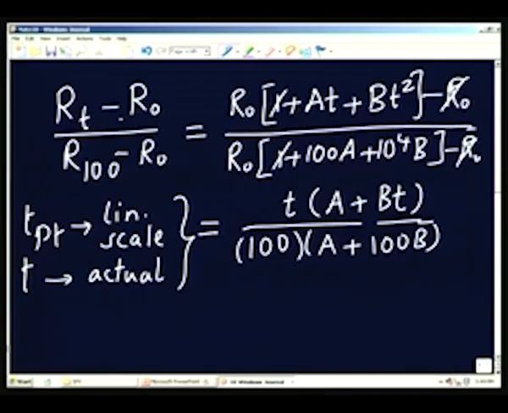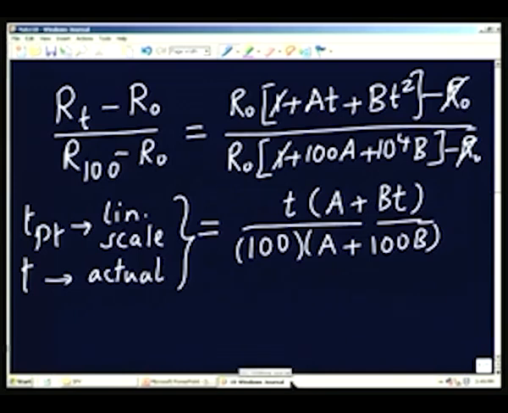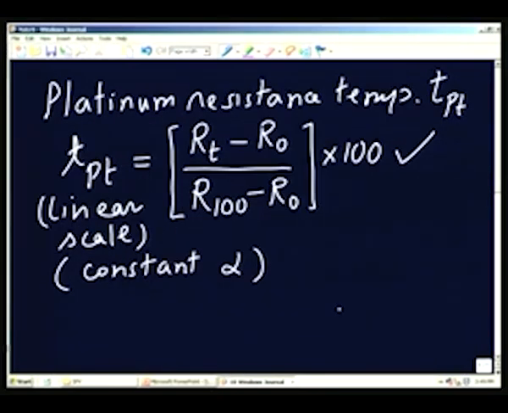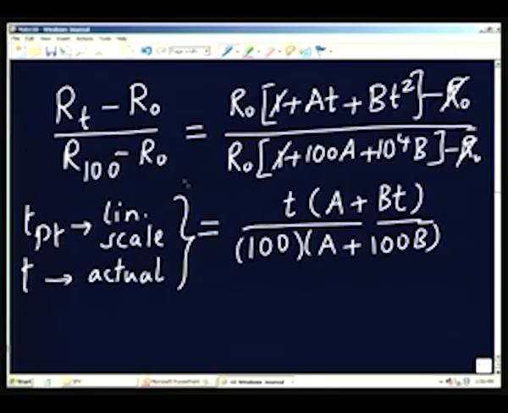Because I want to find out T, and what I have written on the left hand side, if you go back to the previous one, you can see that Tpt is nothing but RT minus R naught divided by R100 minus R naught into 100, and what I can do now is to substitute that here for the left hand side. RT minus R naught divided by R100 minus R naught into 100 is Tpt. So, I can write it here as Tpt divided by 100, that is what we are going to do. And in fact, what I want to do is to write in the following form.